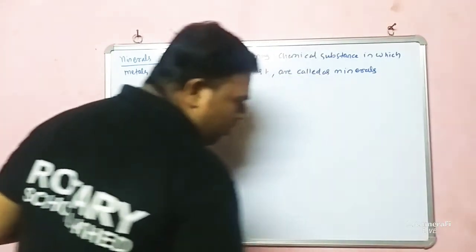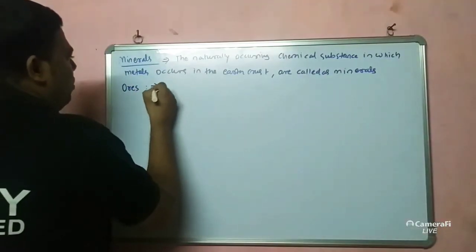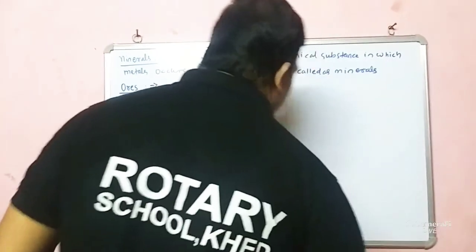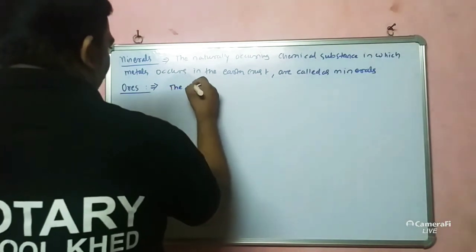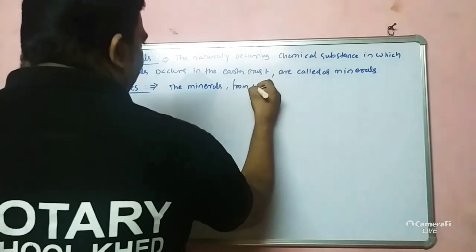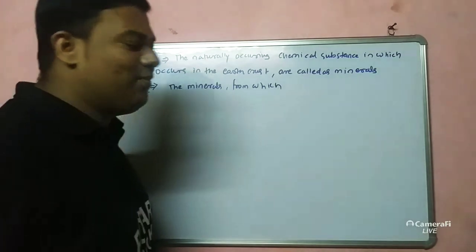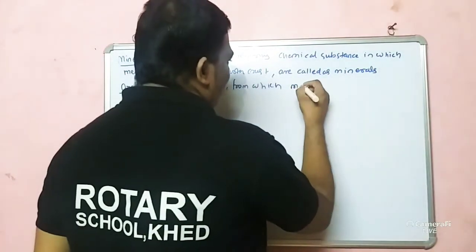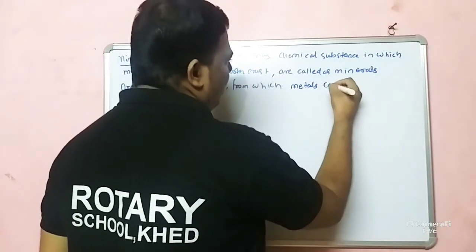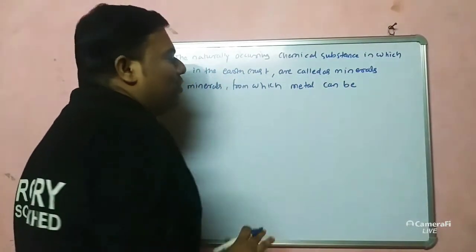Now what will be the definition of ores? The minerals from which metals can be extracted profitably and economically are called ores. Meaning from one mineral we extract only one metal, right?